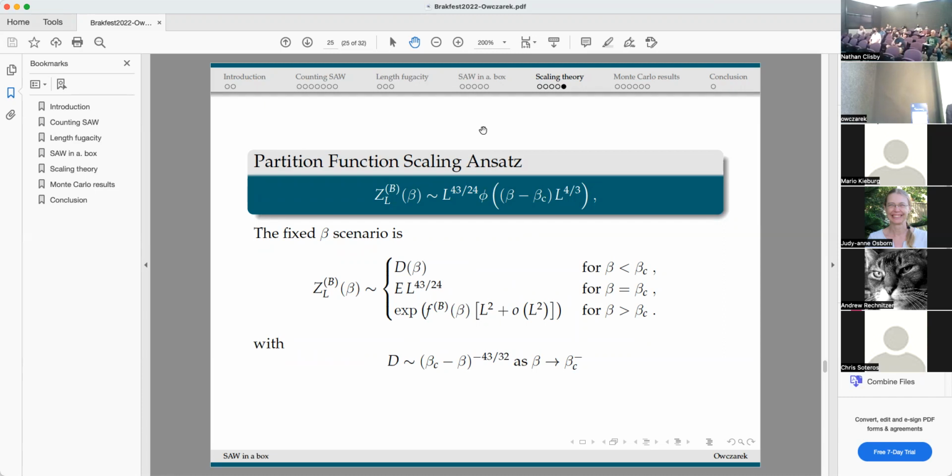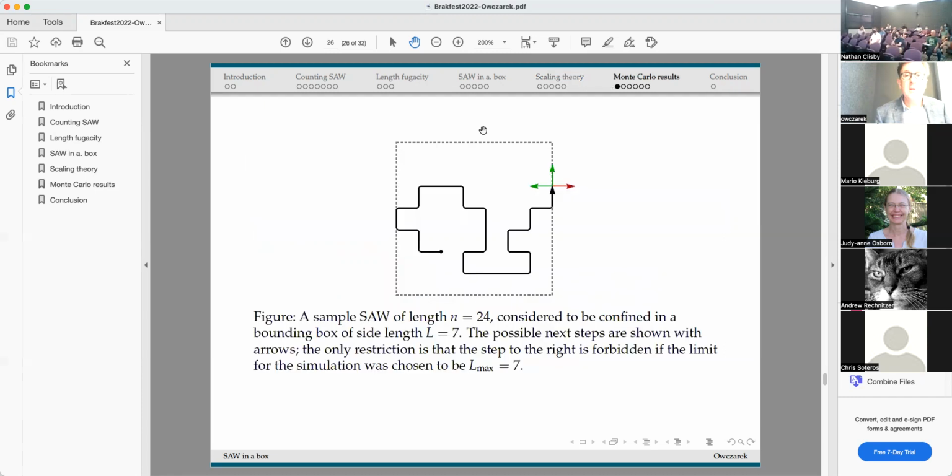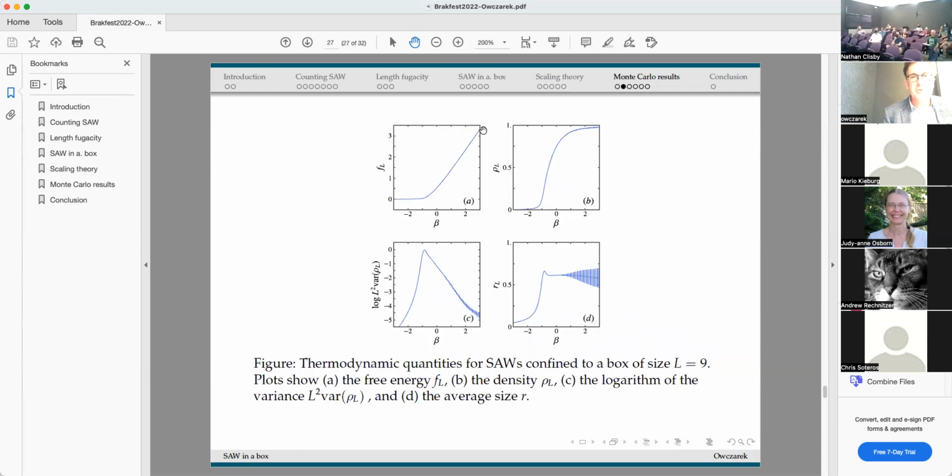So all of those things can therefore be tested. And so Chris and I use the now venerable flatPERM algorithm to simulate walks in a box and calculate some data and see how well we can show that all of those things are true.